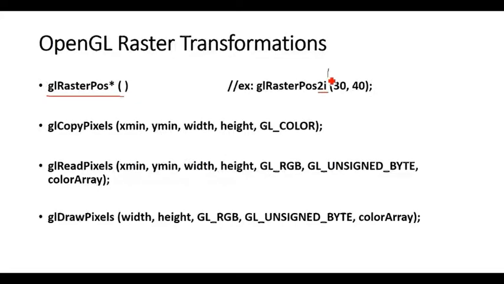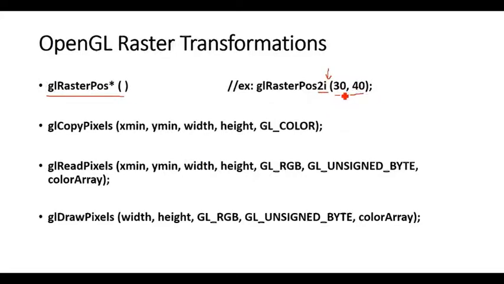This gives us the data type, and this gives us the number of parameters. Now if I pass 30 comma 40 here, whether it is 2f or 2i, it is similar to what we had represented in glVertex2i or 2f in our examples that we had seen earlier in CG classes.